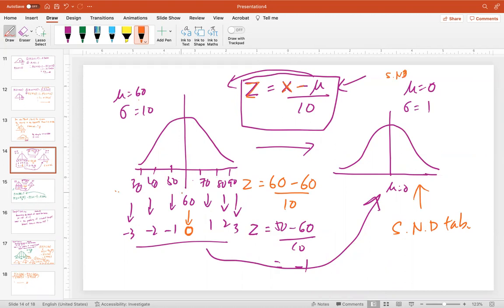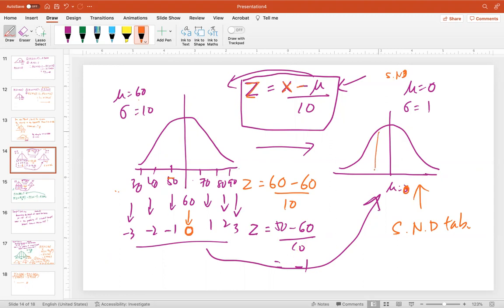So first, for this example, my mean is 60, my standard deviation is 10. If I draw it as a normal distribution, this is the curve, my mean is 60, and the values are 40, 50, 80, 90. When I convert it, I use this equation: 60 minus 60, because my mean is 60, over 10. So I turn it to 0, which is correct, just like the mean equals 0. And then 50: 50 minus 60 over 10, and I get negative 1.